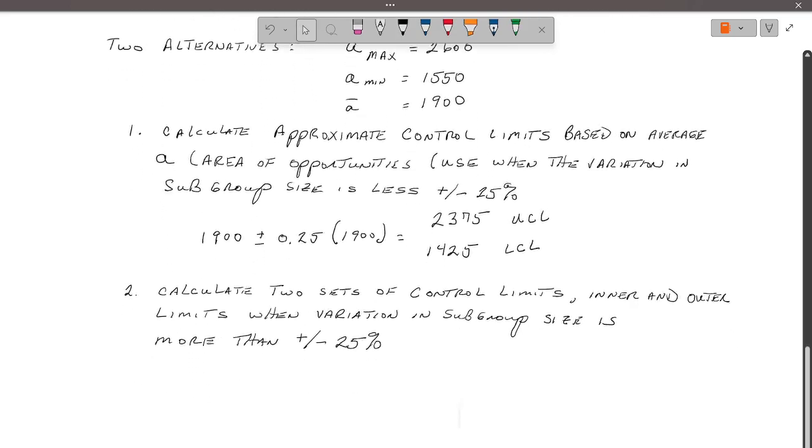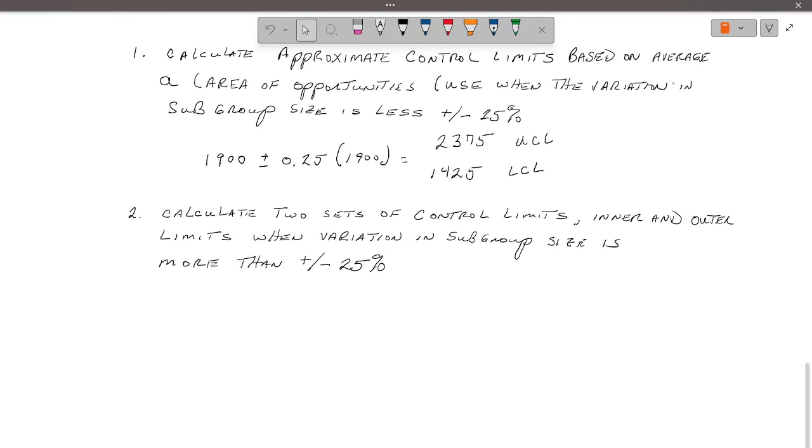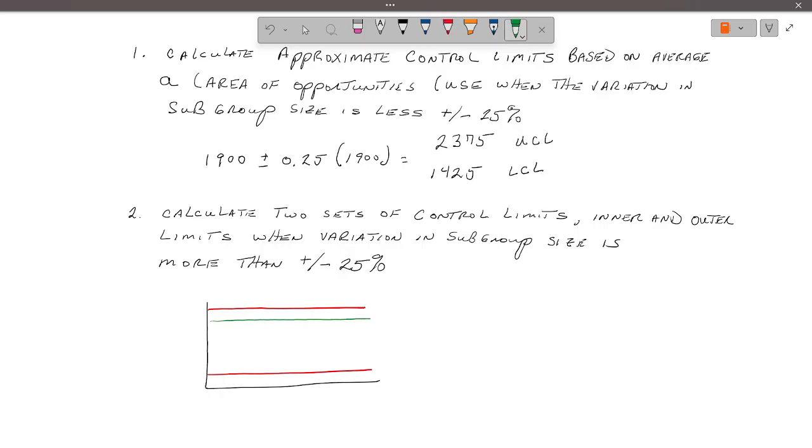And what you wind up looking at is you get a control chart that looks something like this. Okay.